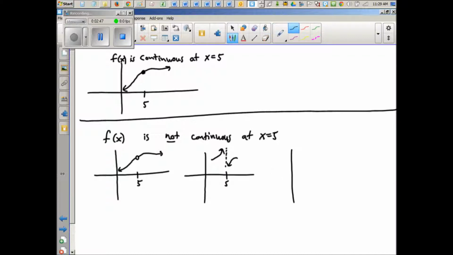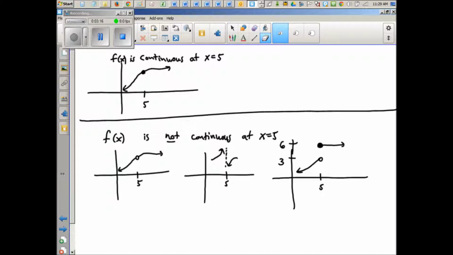And the third picture, we have a jump at 5. Maybe the coordinates of this white point are 5, 3, and the coordinates of the black point above it are 5, 6. But for one reason or another, all 3 of these pictures are not continuous at 5. You have to lift your pen to draw through 5.